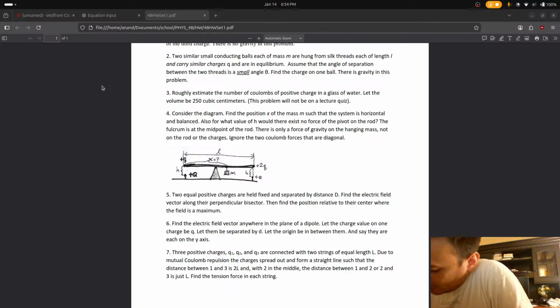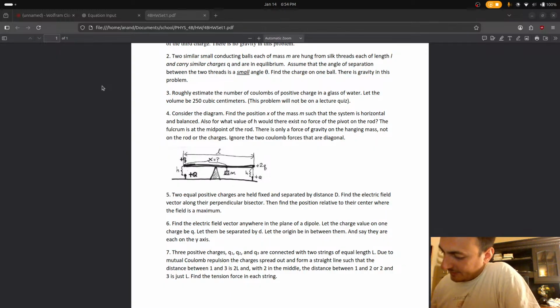Now we need to say Q1 is equal to, let's say, plus Q and its position is minus L over 2, 0, 0. Q2 is equal to the charge plus 2Q, at L over 2, 0, 0.